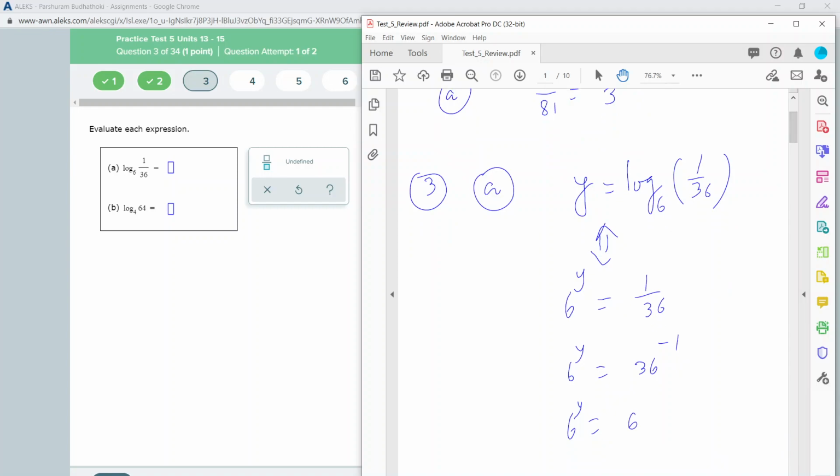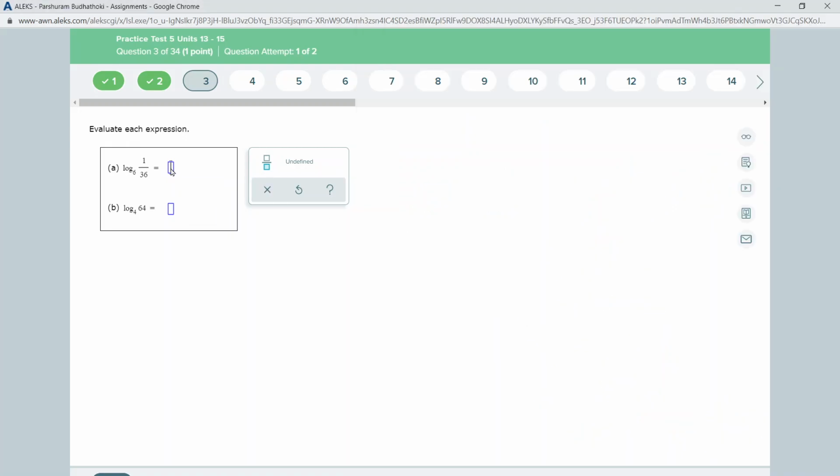So 6 to the power 2, to the power negative 1, gives you negative 2. Now, because the left side and the right side have the same base, that helps us to equate the exponents. So y should be equal to negative 2.